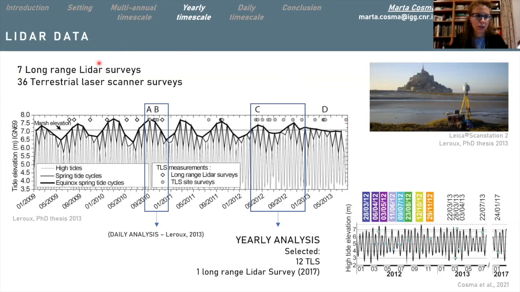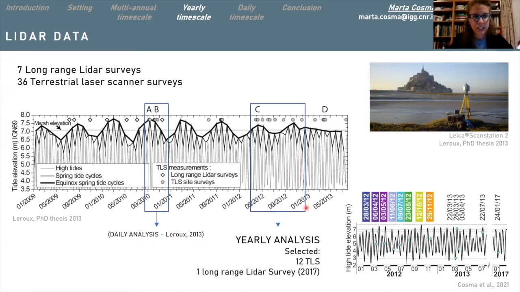I will use some of the TLS data for the daily analysis, which I'm going to show you in a few moments, and which are related to the PhD of Leroux.